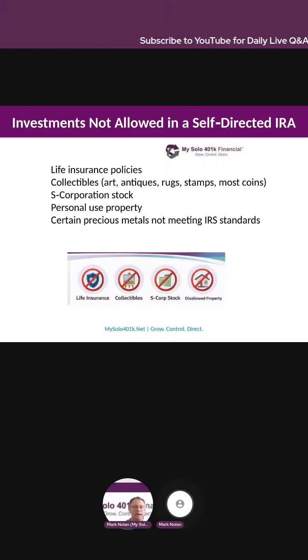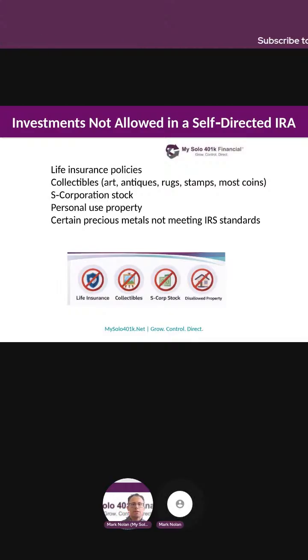Other disallowed investments include alcoholic beverages, and of course, other unconventional types of collectibles like playing cards, whether we're talking about Pokemon or baseball or football cards. You also cannot invest in gems. You used to be able to invest a self-directed IRA in diamonds, but that's no longer allowed. So gems are not allowed either.